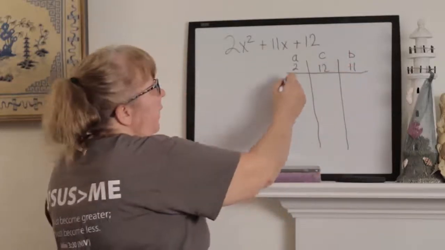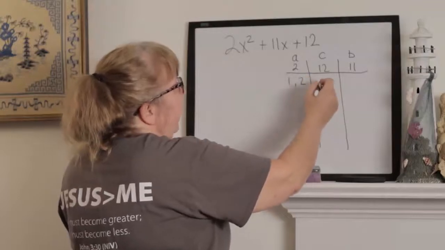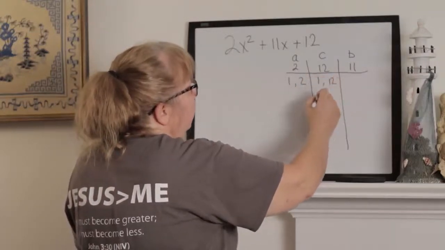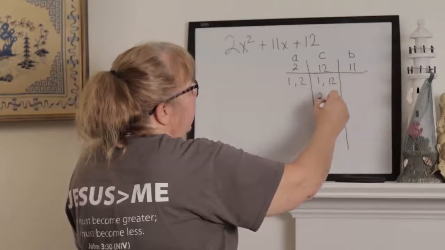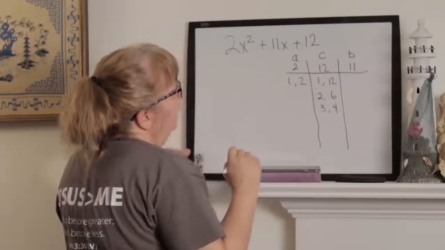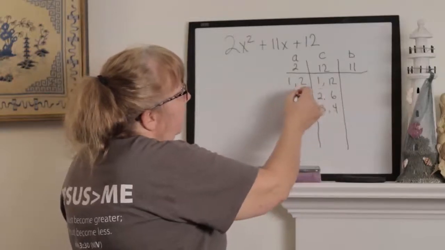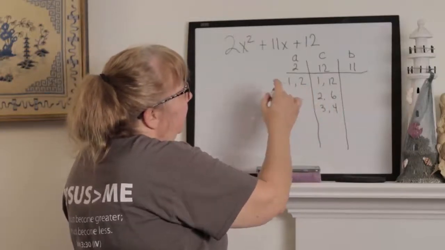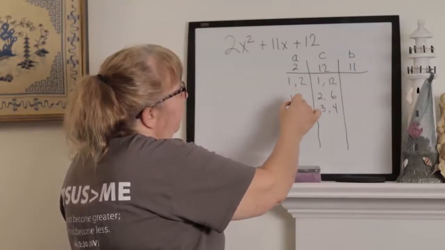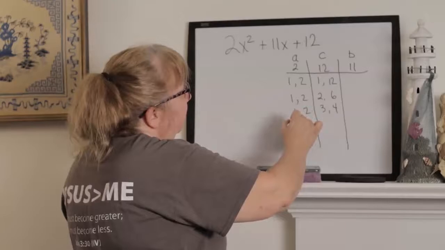So factors of a would be 1 and 2. Factors of c would be 1, 12, 2, 6, 3, 4. Now, they're going to tell you to multiply the inner and the outer, and then we have to change them around.